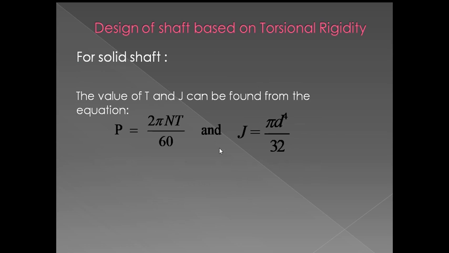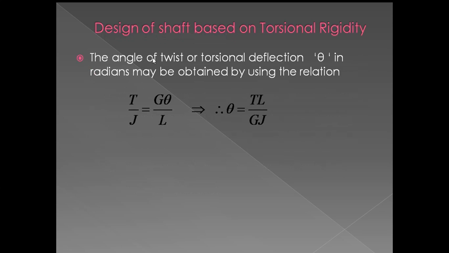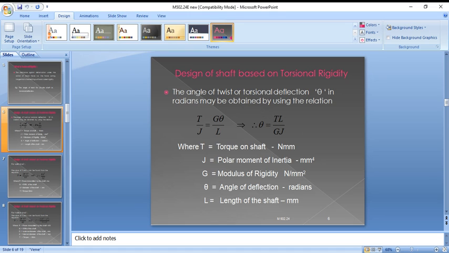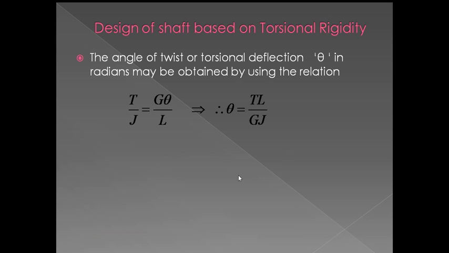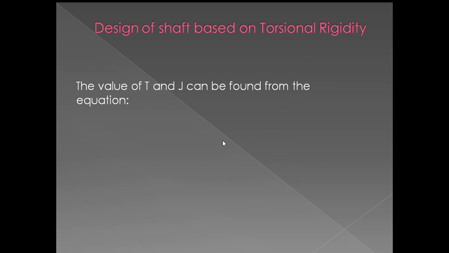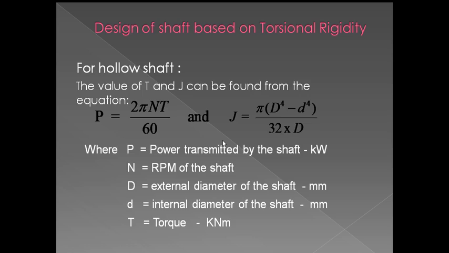So the important one here is T by J equal to G theta by L. In the problem, they'll give the angle of twist and the power, so in this way we can find the diameter of the shaft using torsional rigidity. So these are the very important formulas regarding torsional rigidity.